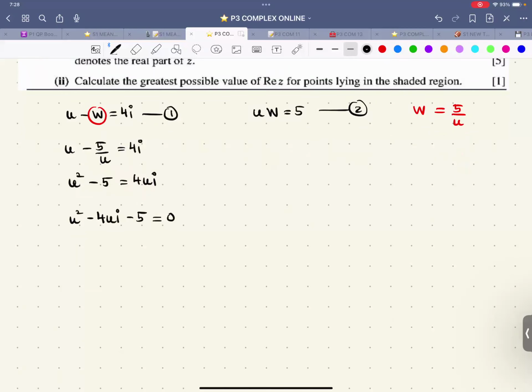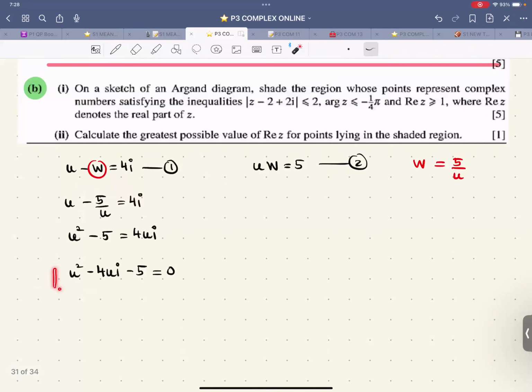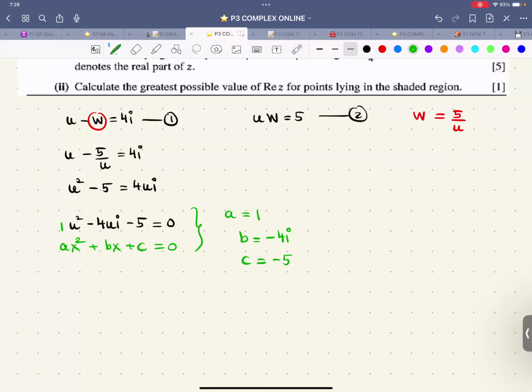Seems familiar? We have solved some questions which were quadratic where one of the coefficients was not real. So underneath it, write ax squared plus bx plus c equals 0. Here a is 1, b is negative 4i, and c is negative 5.